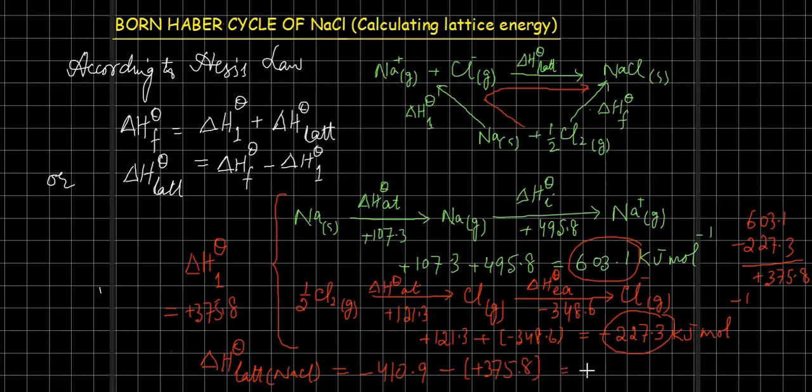So it becomes minus 785.8 kilojoule per mole. So this is the lattice energy for sodium chloride.